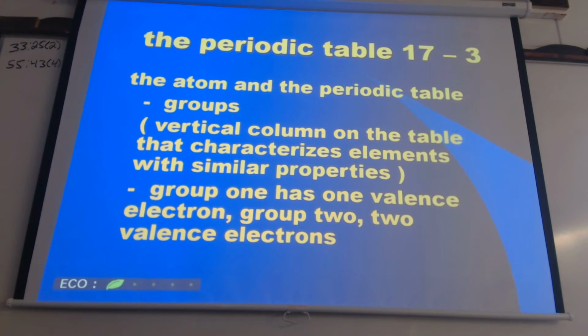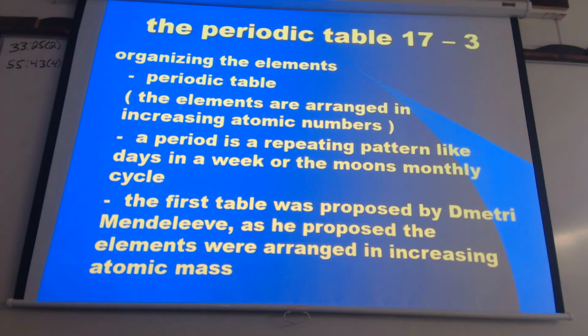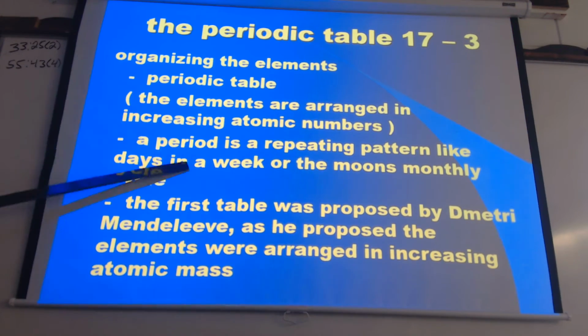Okay? Now, with that being said, the reason you're getting that mixed up with the number 7 is why? Those are not columns, those are rows or what? Periods.